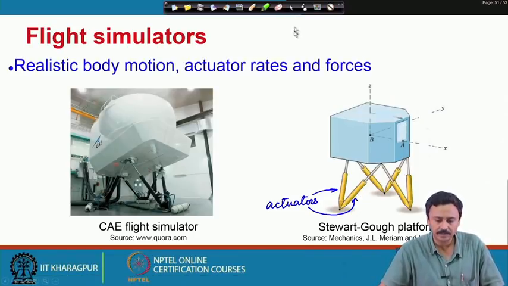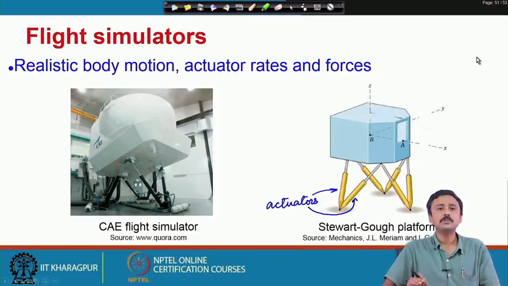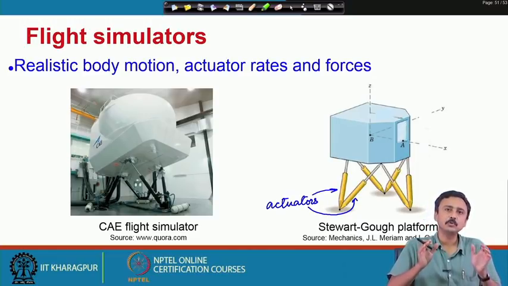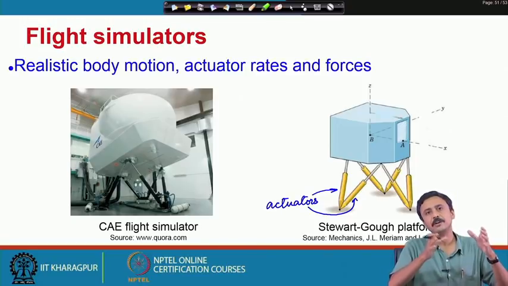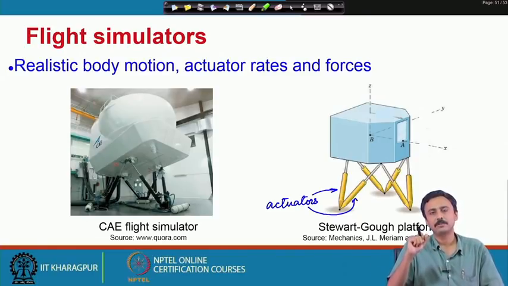So, let us look at the issues related to flight simulators. In order to produce realistic body motion, you have to program these actuators to produce a certain kind of motion for the capsule. So, how do you calculate these motions that are required, let us say for takeoff, for landing, for giving turbulent motion to the capsule?